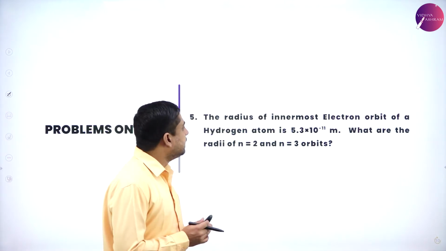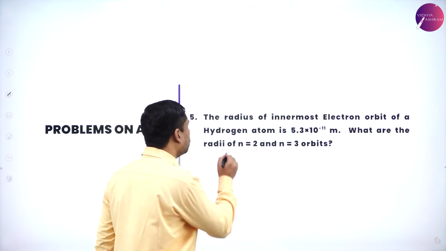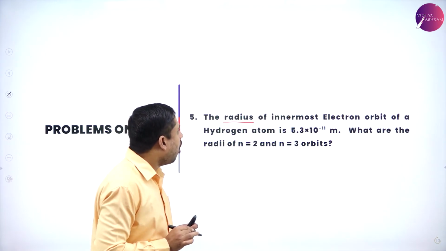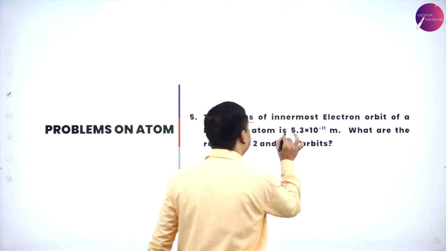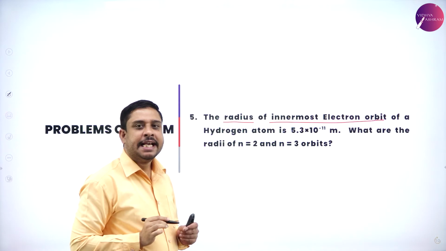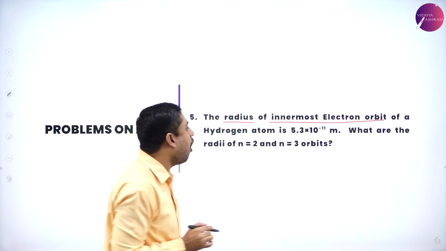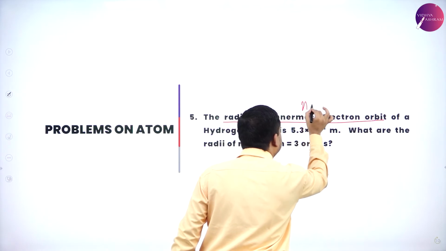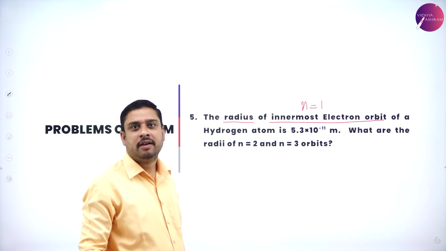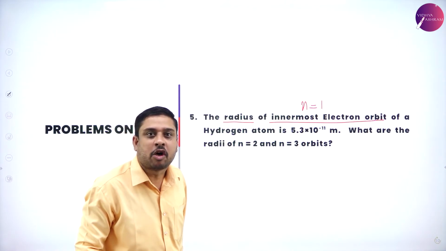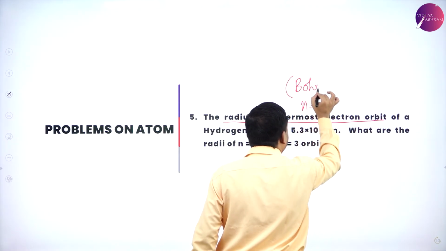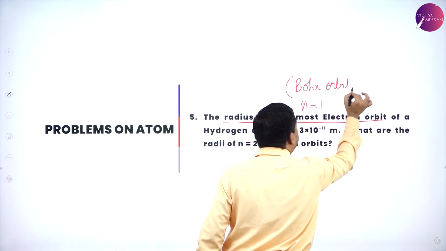Next one, the radius of the innermost electron orbit. Innermost means n is equal to 1, where the innermost orbit is also called the Bohr orbit.